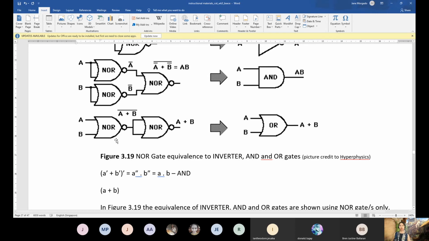And then followed by another inversion, because this is an inverter. So we have (A plus B) prime prime. Double negation, double prime, so you simply cancel it out, so we have A plus B. So this is the explanation for OR.